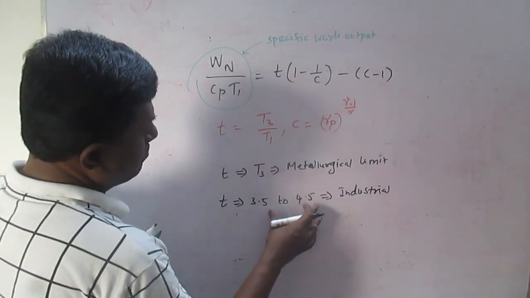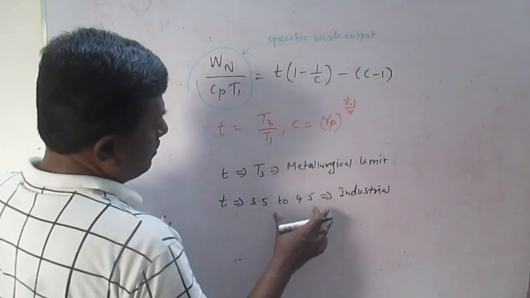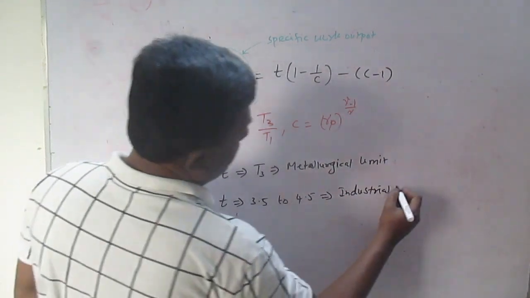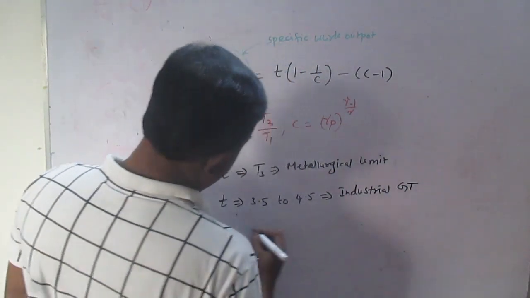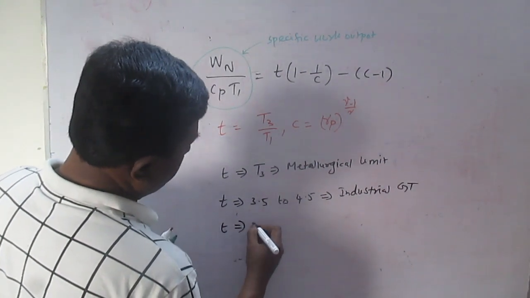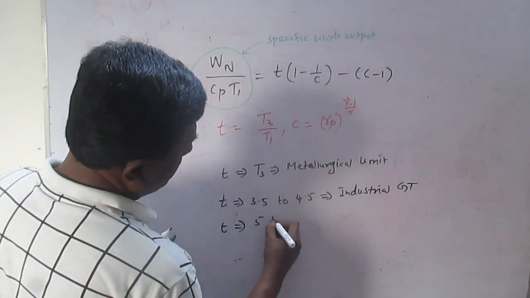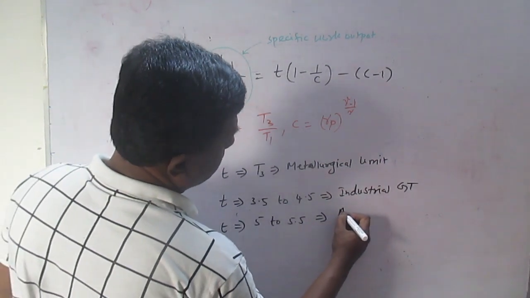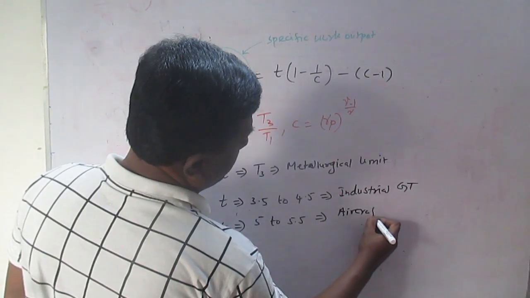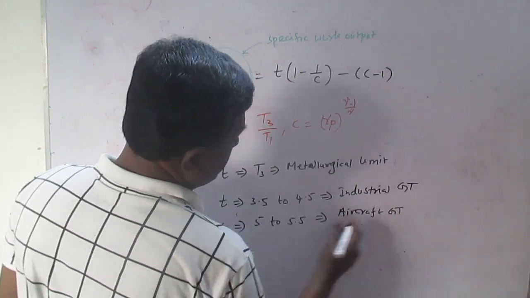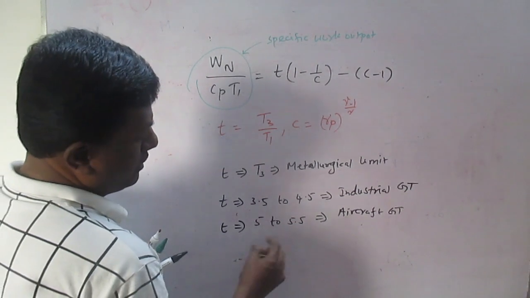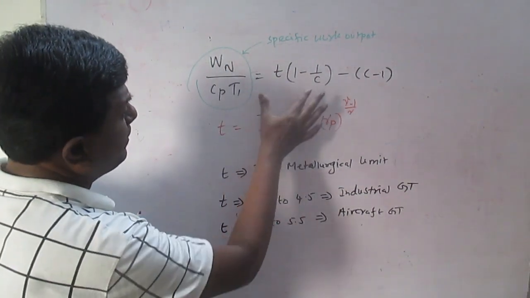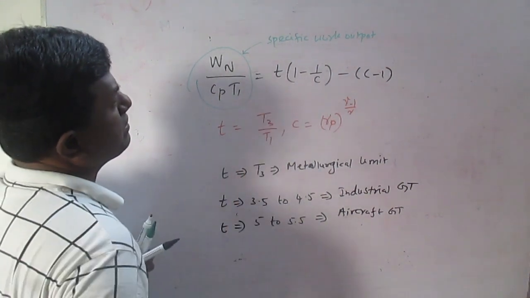This ratio should be applicable for the industrial gas turbine. Then a ratio of 5 to 5.5 is for an aircraft gas turbine, so for the aircraft gas turbine this ratio is advisable. That is what we have to understand based on this specific work output.